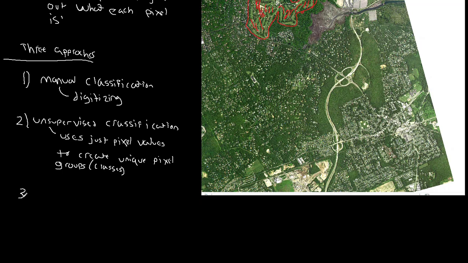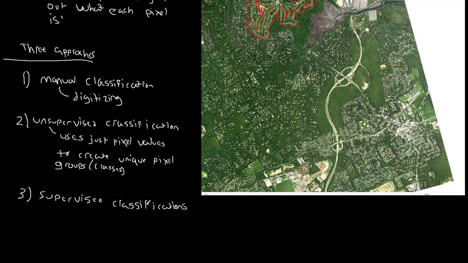The third group are what are called supervised classifications. And we're going to spend 2 weeks on supervised classifications. The way that supervised classifications work is we give them the image, just like we give the unsupervised classification.